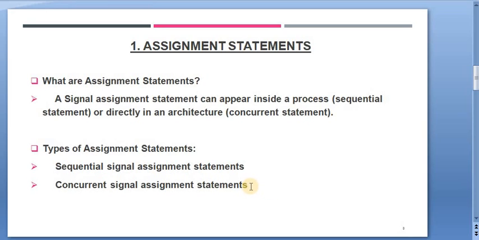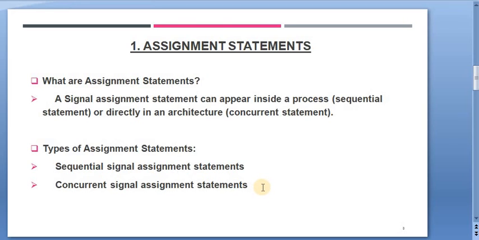Now it must be noted that the concurrent signal assignment statements are always event triggered. This means these are executed whenever there is an event on a signal that appears in an expression.